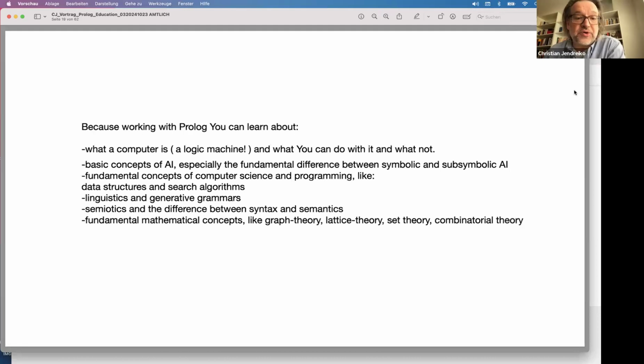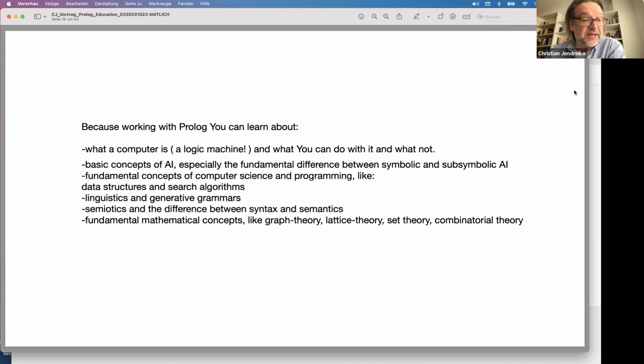Because working with Prolog, you can learn about what a computer is. It is a logic machine, and what you can do with it and what not because of that. You can learn about basic concepts of AI, especially the fundamental difference between symbolic and sub-symbolic AI. You can learn about fundamental concepts of computer science and programming like data structures and search algorithms.